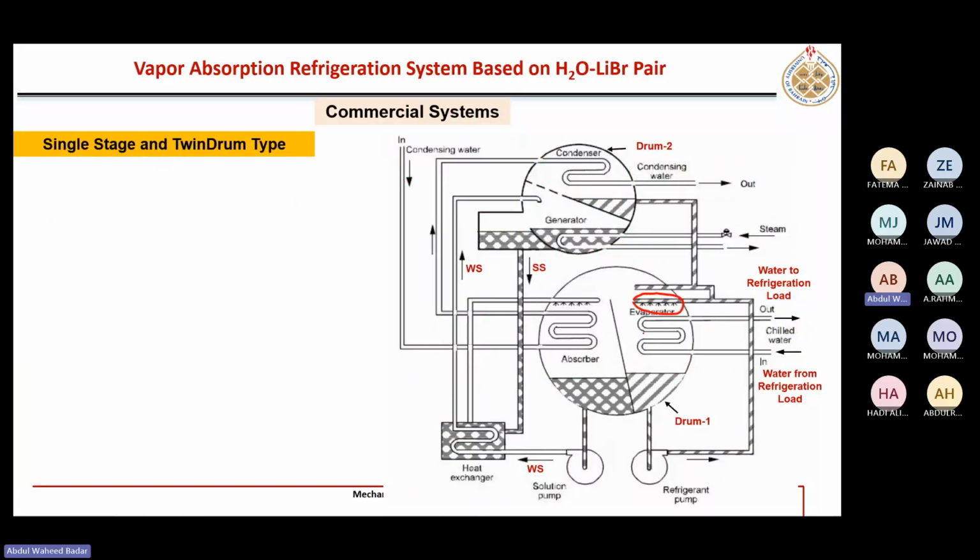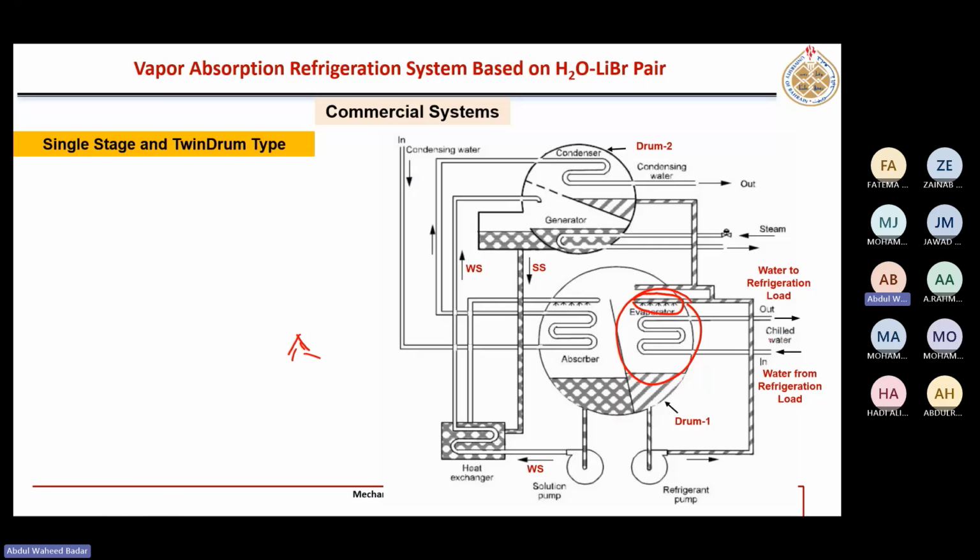What is the advantage? By spraying water in the evaporator section, it will boil more quickly, because the surface area of the water is increased and the heat transfer in this section is more efficient.